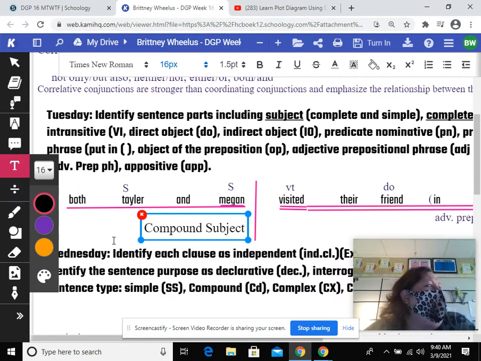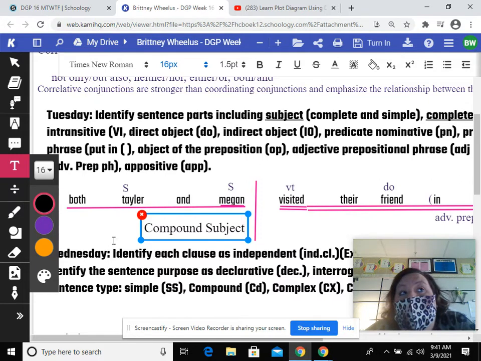Can anyone tell me why I drew a vertical line there? What does it separate?